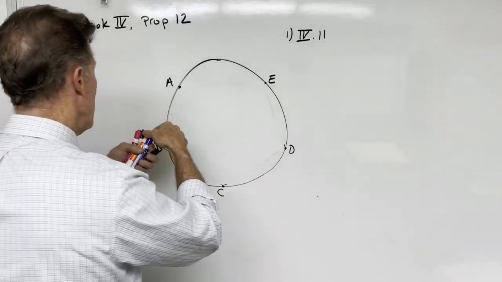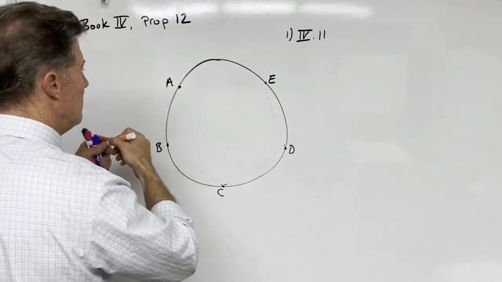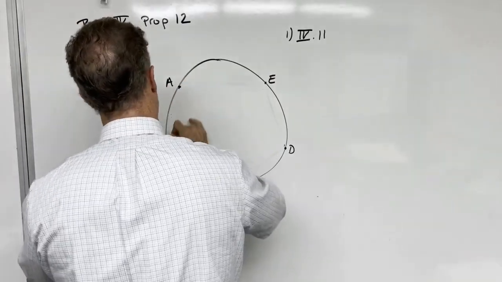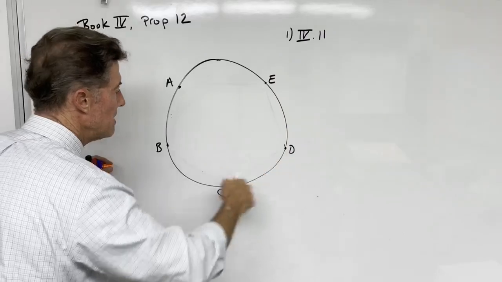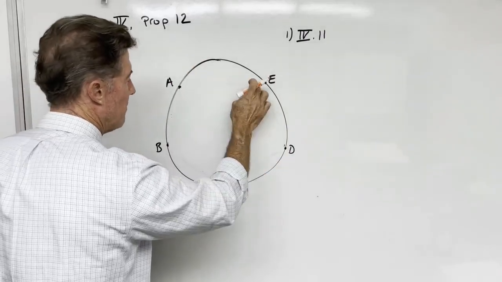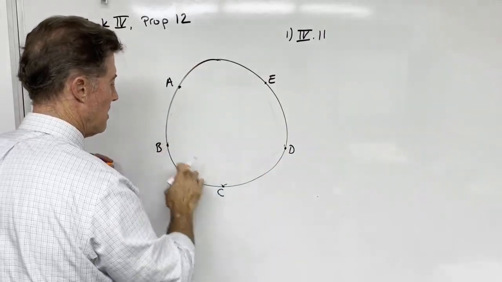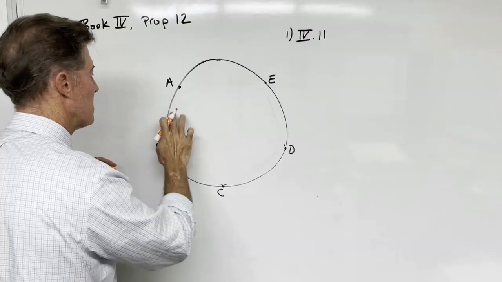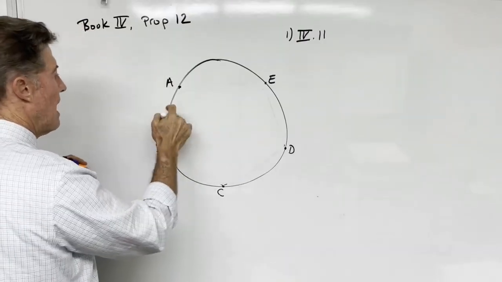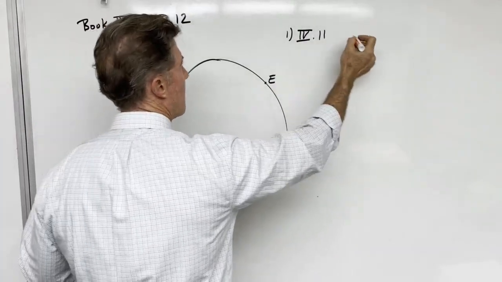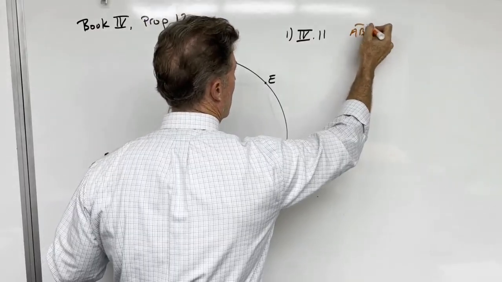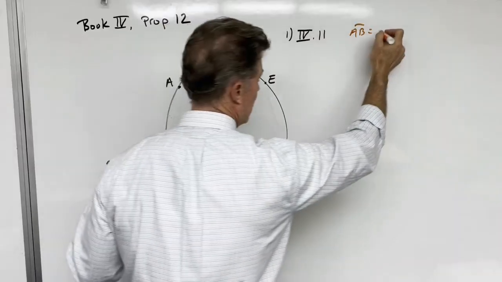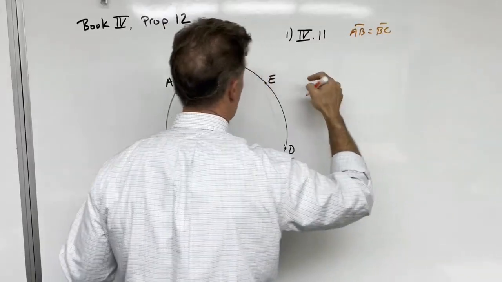And by the way, this is going to divide our total circumference up into 5 equal arcs. That might be worth pointing out. Arc AB is equal to arc BC and so on.